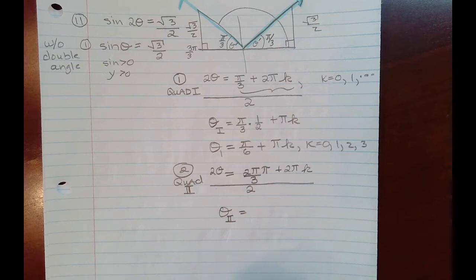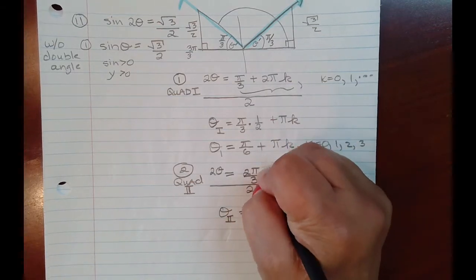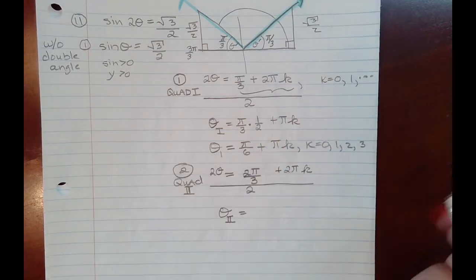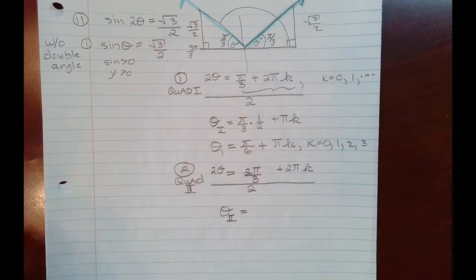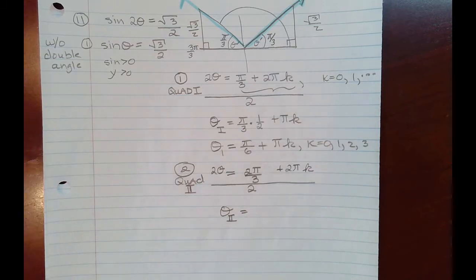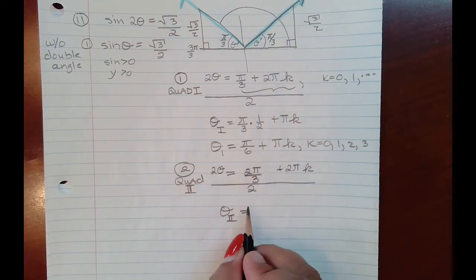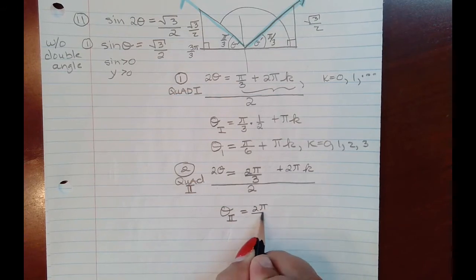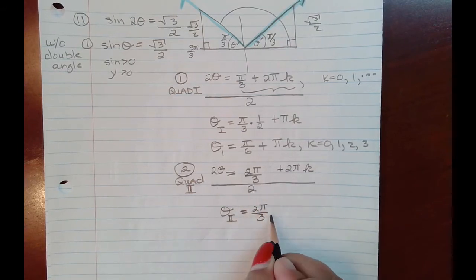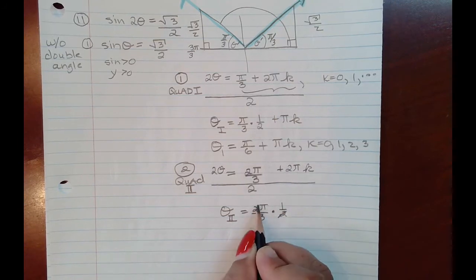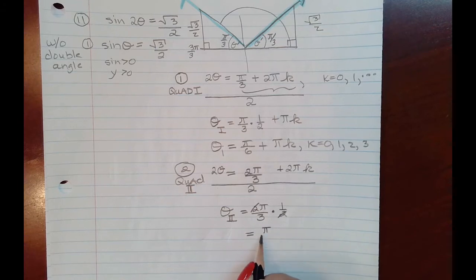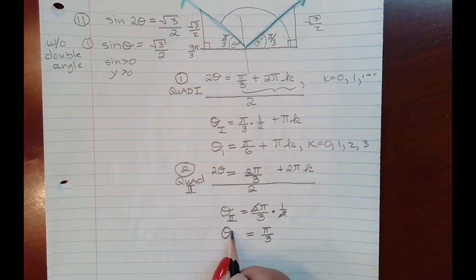2/3, whoops, what did I just do here? 2/3, I put pi too many times. I've got an eraser here. Okay, so 2 pi over 3 divided by 2 is the same thing as 2 pi over 3 times 1/2. These would cancel, leaving you with pi over 3.